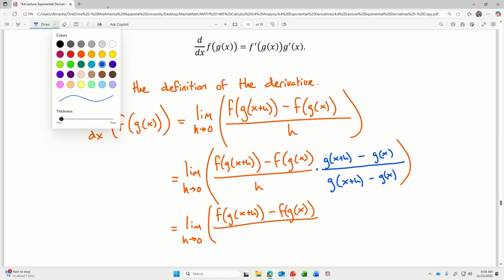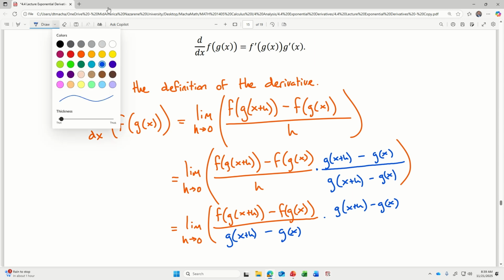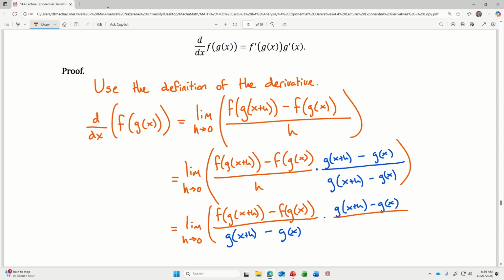Okay, now I'm going to steal this part of the denominator and move it over here, because multiplication is commutative. I can switch the order here. And then I get this.